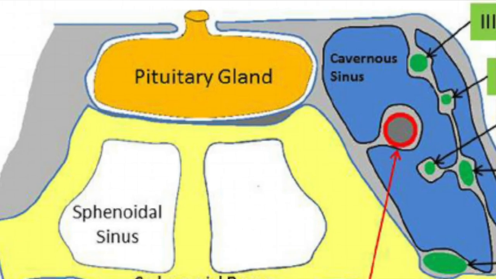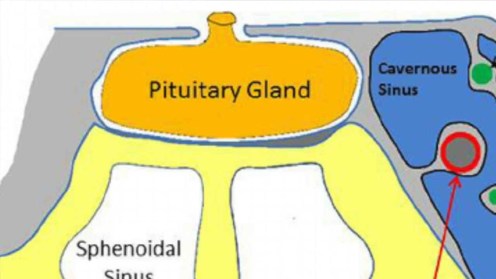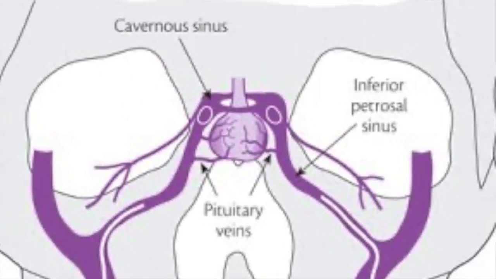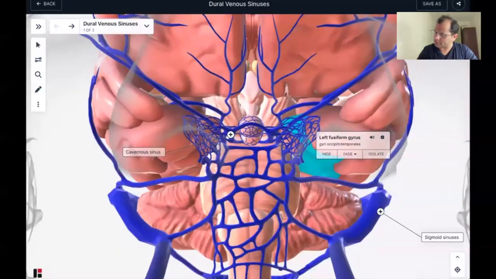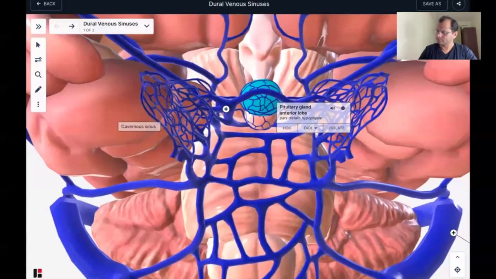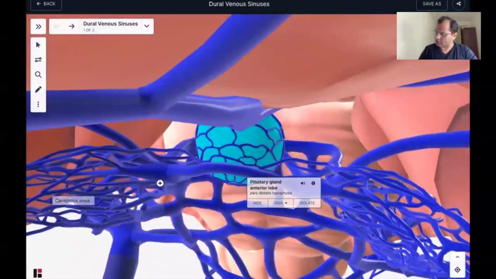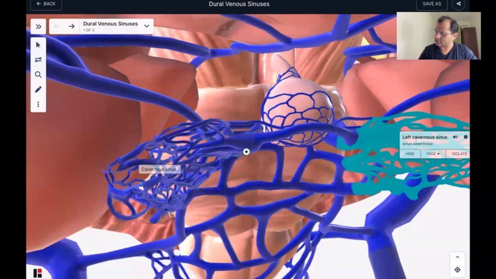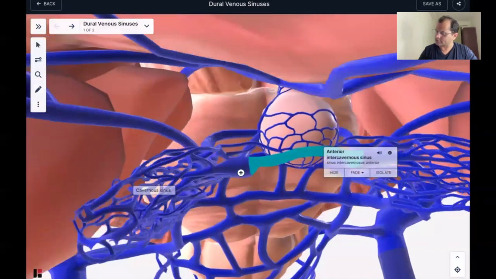We know this is the pituitary gland here on the back side. All around the pituitary gland there is a cavernous sinus: the right cavernous sinus, the left cavernous sinus, and the anterior cavernous sinus.